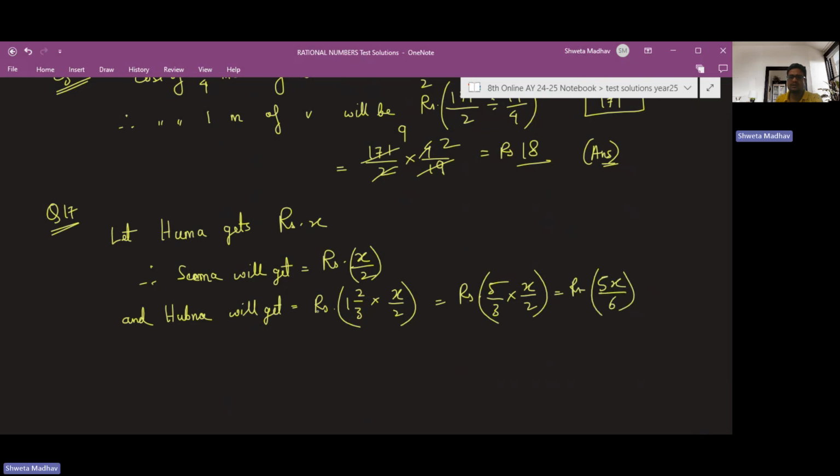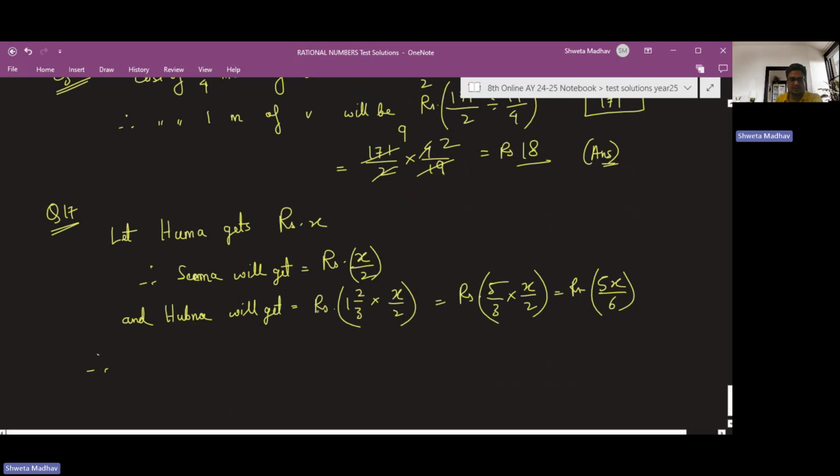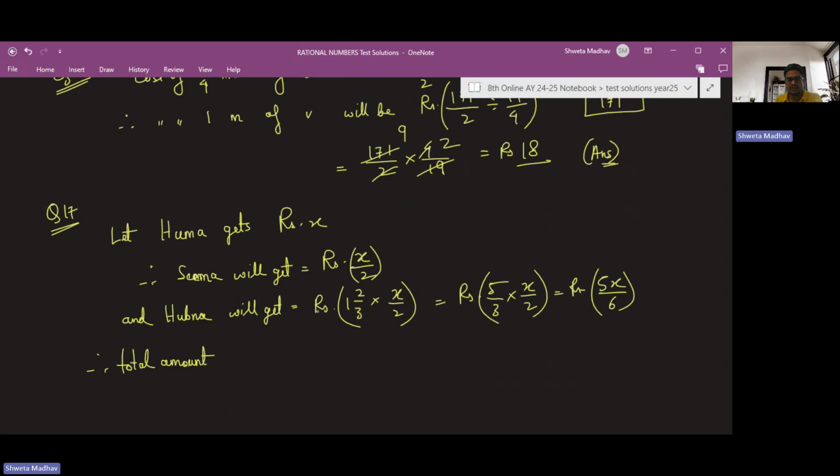So Hubna will get rupees 5X by 6, and the total amount received by the three sisters is rupees 2016.